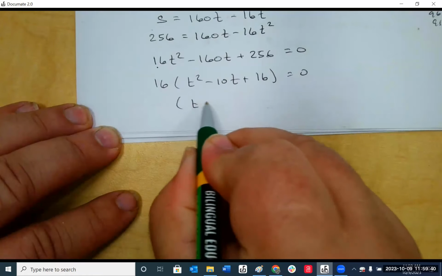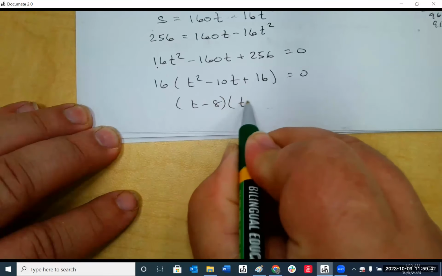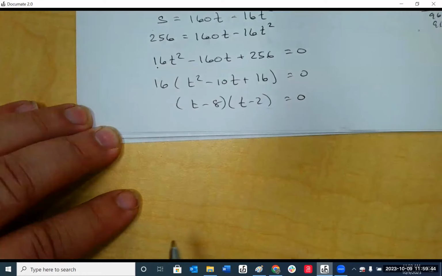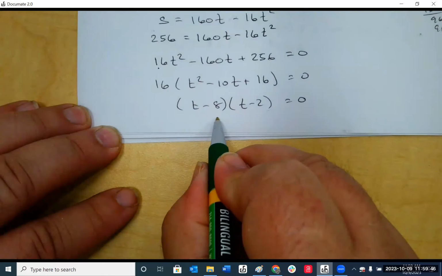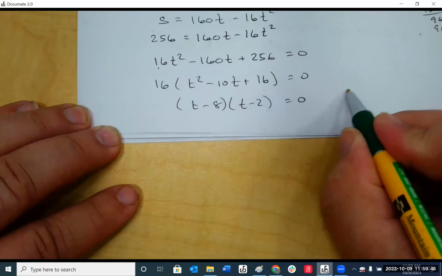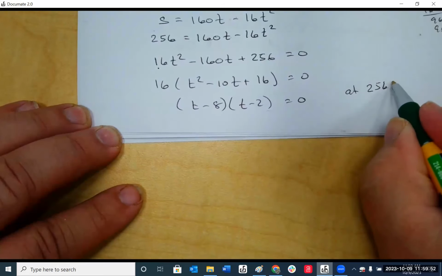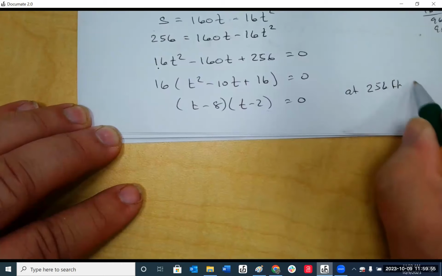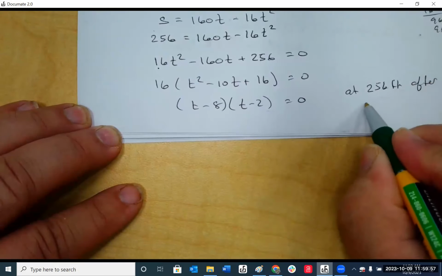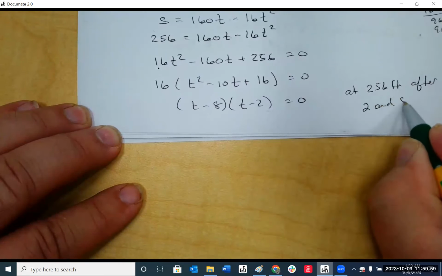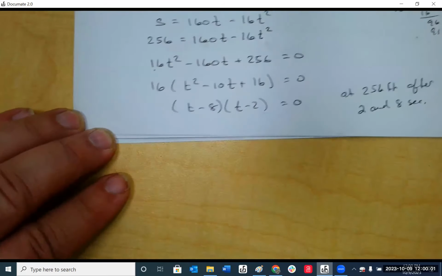So it's going to be t minus 8, t minus 2. So it's going to be at 256 feet after 2 and 8 seconds.